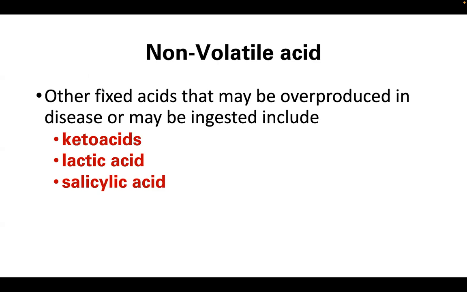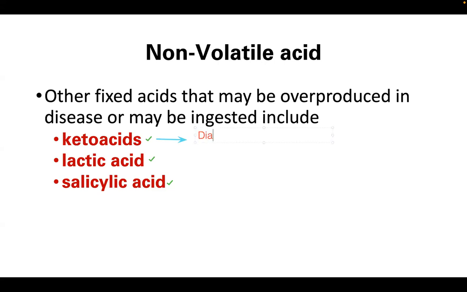One is the keto acids. Second, lactic acid. Three is salicylic acid. Now, let's try to dig this in detail. When would you expect keto acids to be produced? In what conditions would you expect keto acids to be produced?